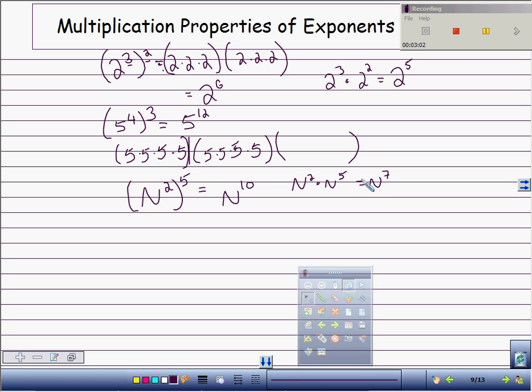Okay. Claudia? 2 to the negative 3rd raised to the 4th. What's that? Yes. 2 to the negative 12, which can be written as 1 over 2 to the positive 12. Okay?